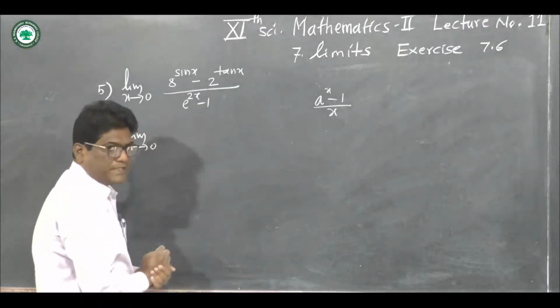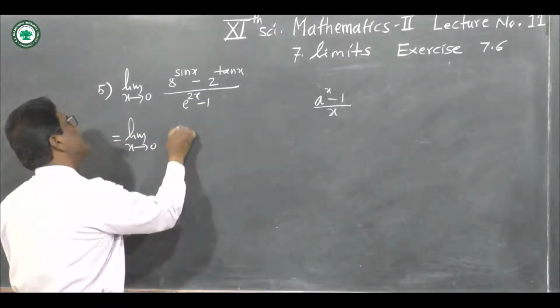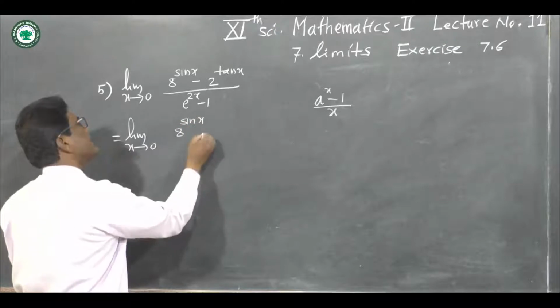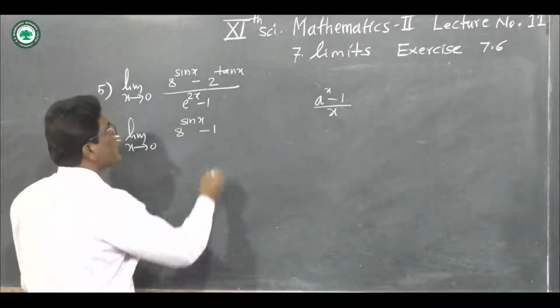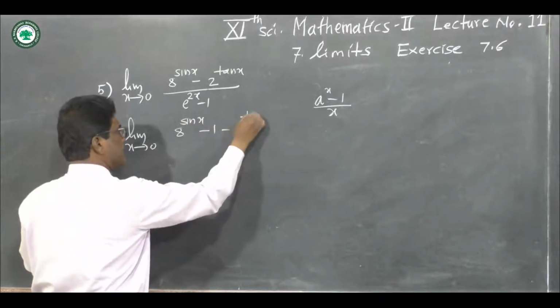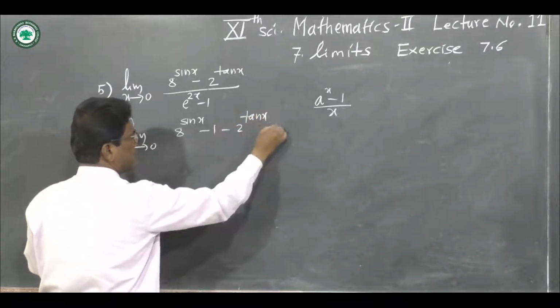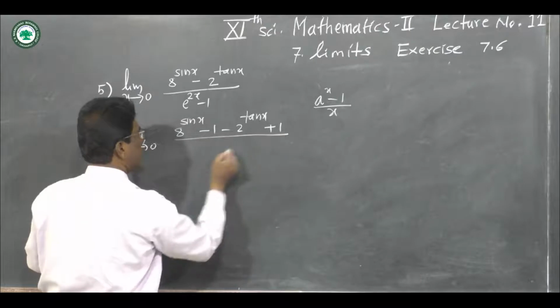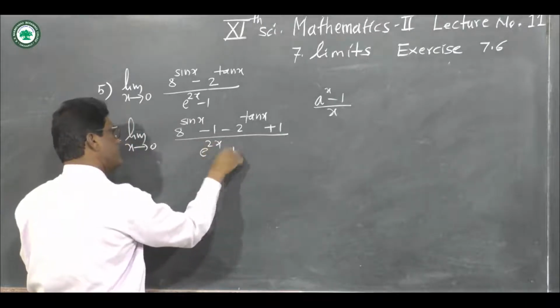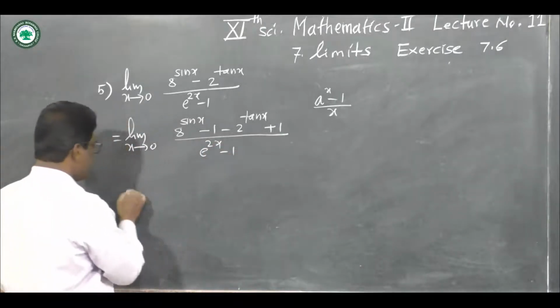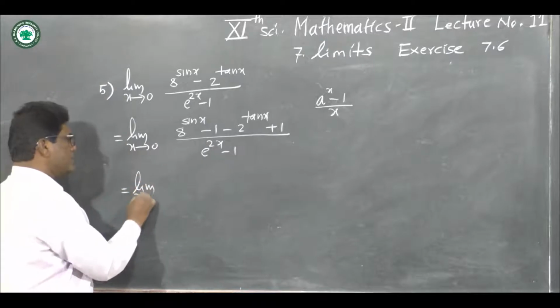So firstly we adjust minus 1: a to the power sin x minus 1 minus 2 to the power tan x. This minus 1 we cancel by plus 1, and divided by e to the power 2x minus 1. So it is equal to limit as x tends to 0.